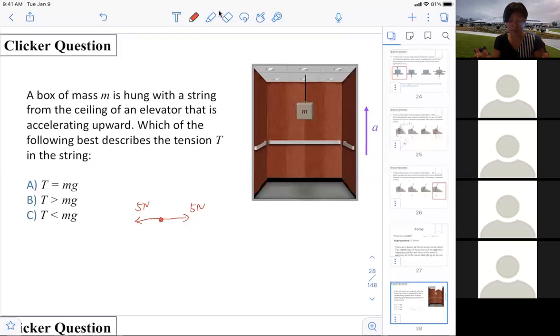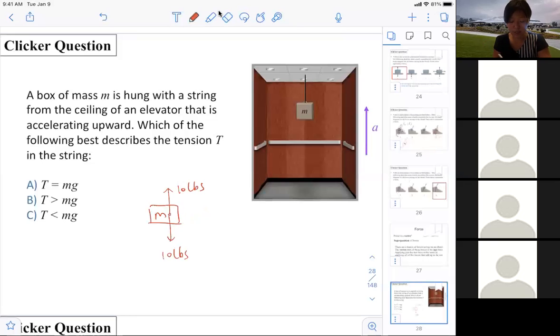Pretty much balanced. In this case, if this mass is simply hanging in the elevator and the elevator is not going anywhere, then you will think, okay, if gravity is 10 pounds, for example, then the tension must also be 10 pounds. In this case, it is balanced.